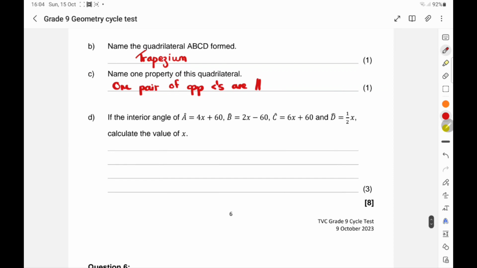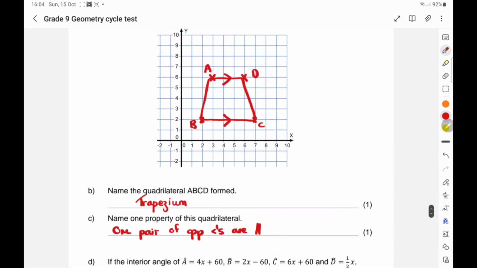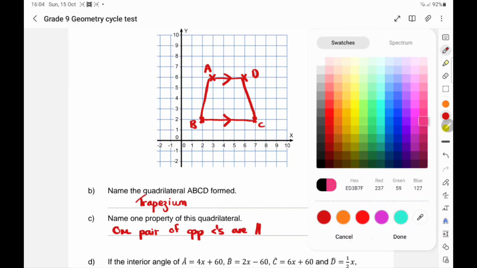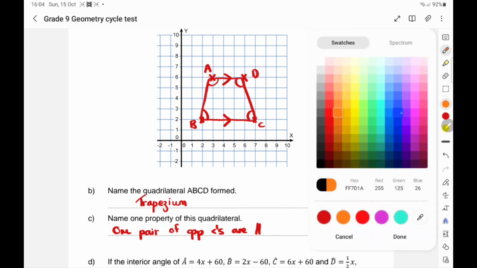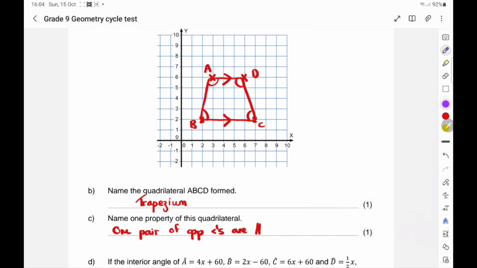Okay, now they say to you, if the interior angles of ABCD are the following, calculate the value of x. So the one thing that I wanted to test here is that you know that the interior angles of any quadrilateral add up to 360 degrees.